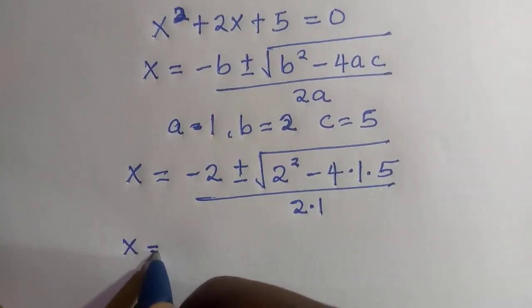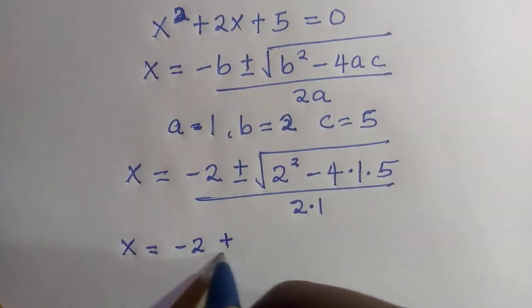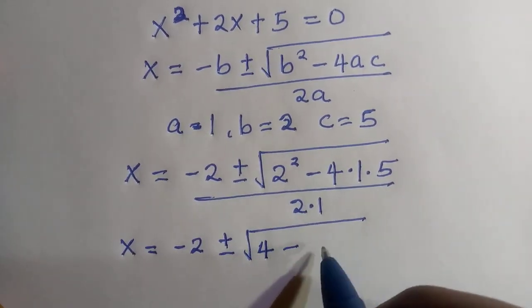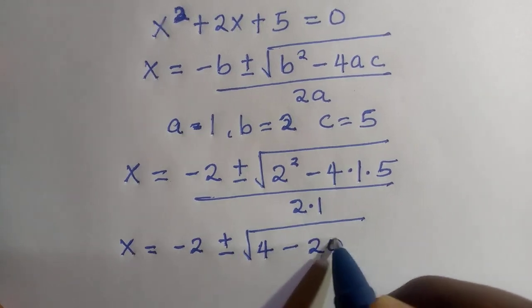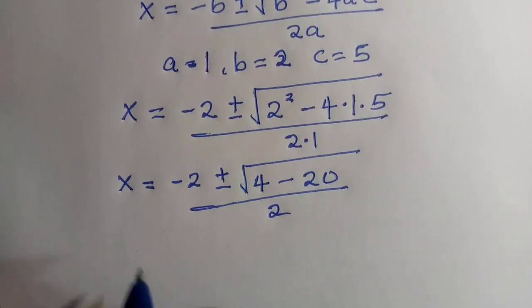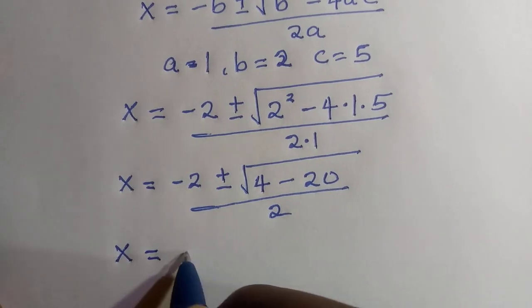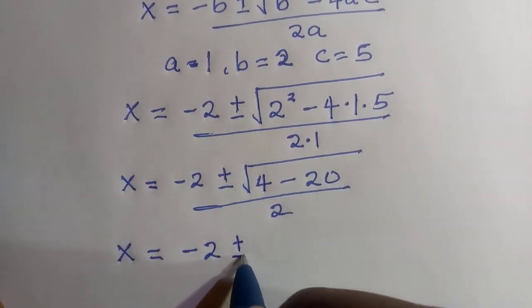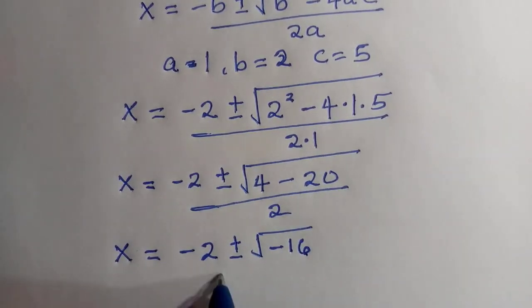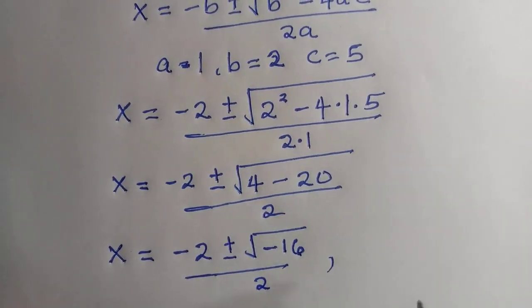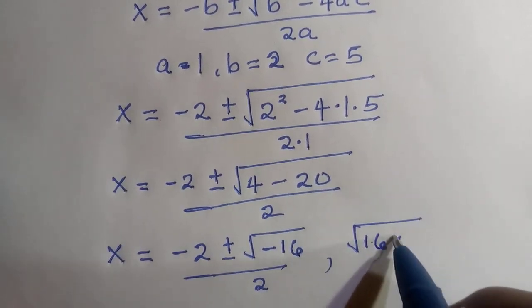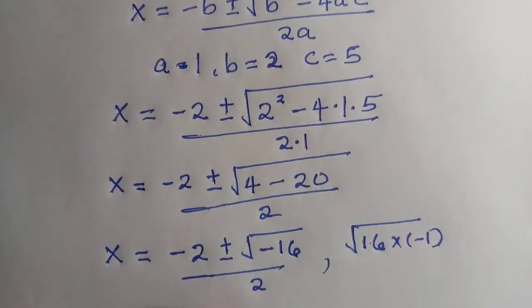So here we have x equals minus 2 plus or minus square root of, so 2 squared is given as 4 minus, and 4 times 5 is 20, everything divided by 2. So here we have x equals minus 2 plus or minus square root of minus 16, divided by 2. But we have to note that the square root of minus 16 can also be 16 multiplied by minus 1.